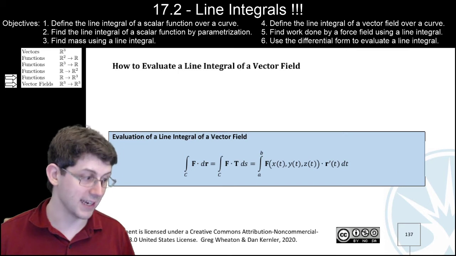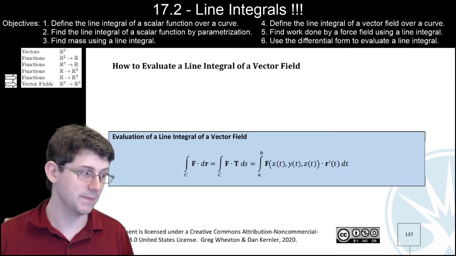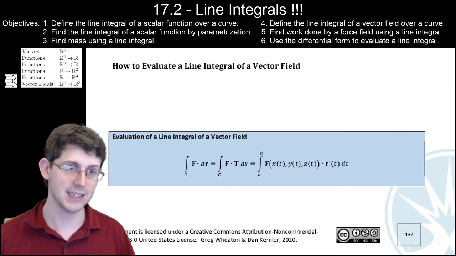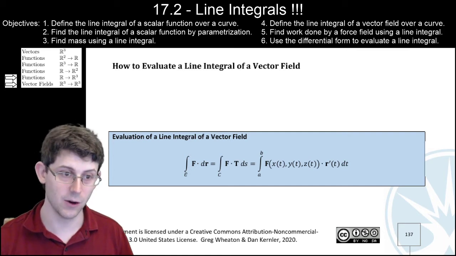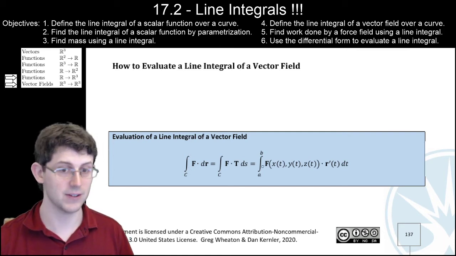Anyway, how will we actually calculate the line integral? Well, you shouldn't be too surprised to find that the way out of the integral over a curve is to parameterize it.